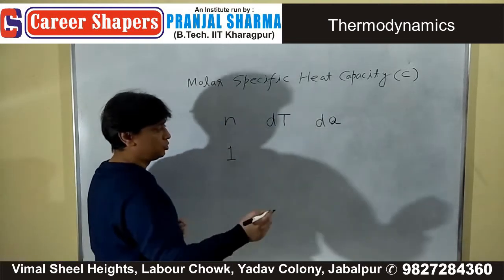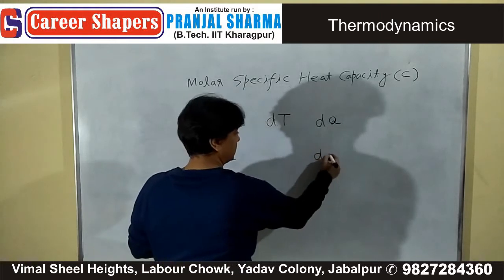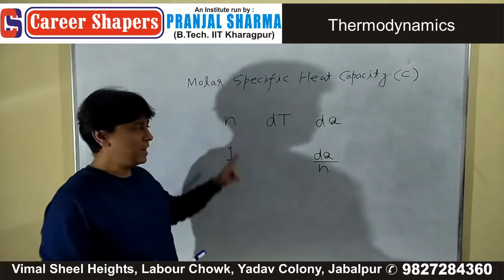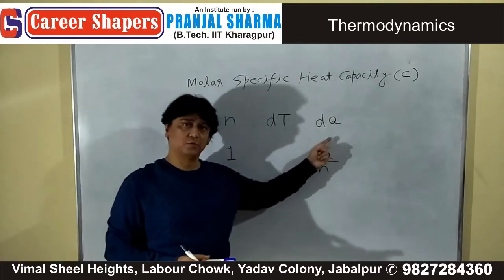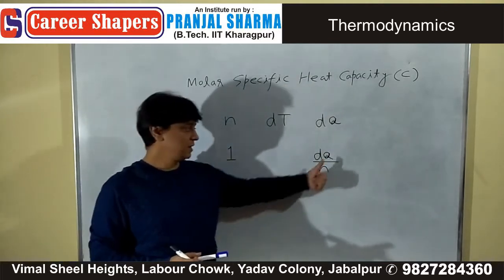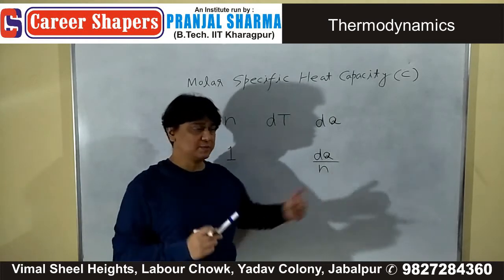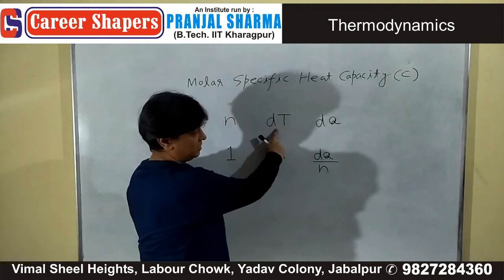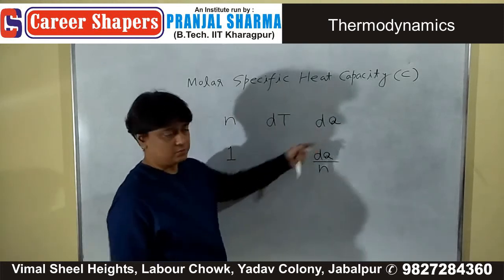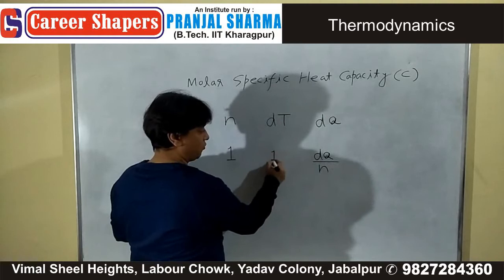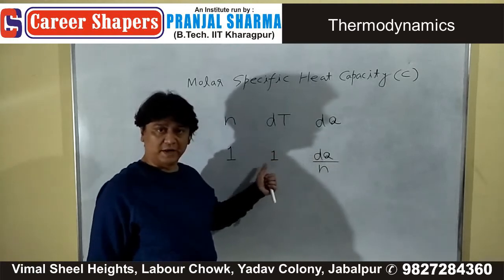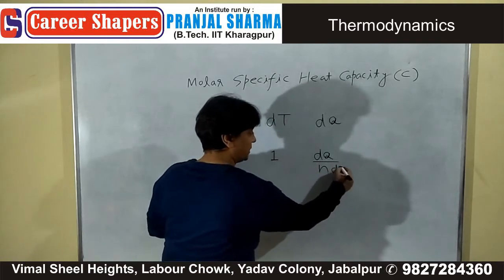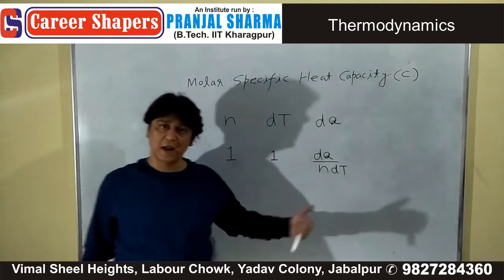For 1 mole, you will be supplying dQ divided by n. For n moles, heat supplied is dQ. For 1 mole, it will be dQ by n. Similarly, for dT, heat supplied is dQ. For 1 Kelvin or 1 degree Celsius change, heat supplied will be dQ upon n dT.